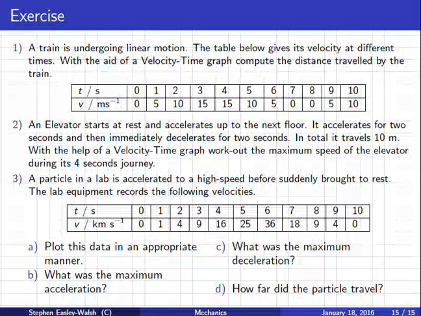Okay, so since everybody did it now, let's have a look at it. So what do we want? We want the speed. So that's distance divided by time.